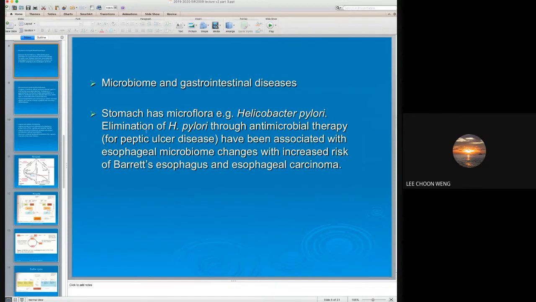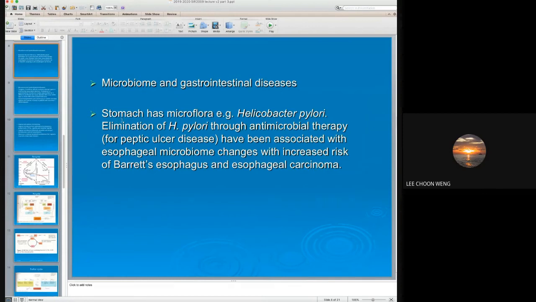However, researchers have found that when you eliminate Helicobacter pylori, changes occur in the esophageal microbiome that actually increase the risk of Barrett's esophagus and esophageal carcinoma.